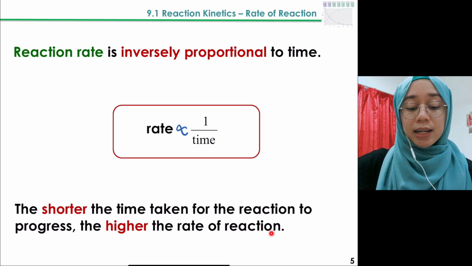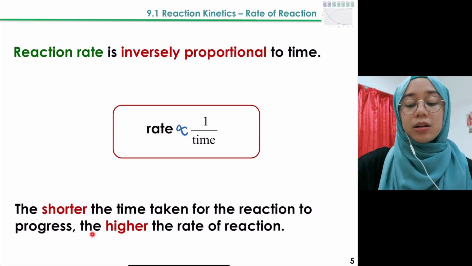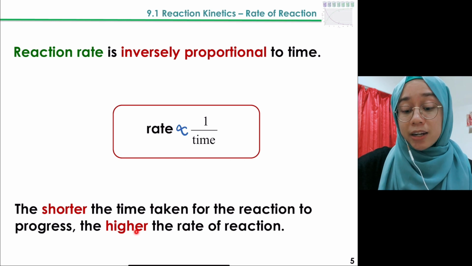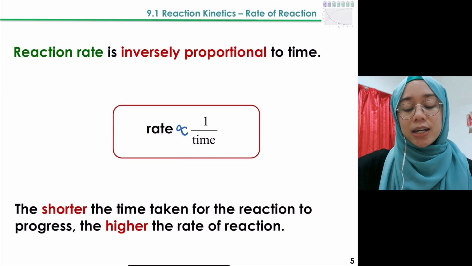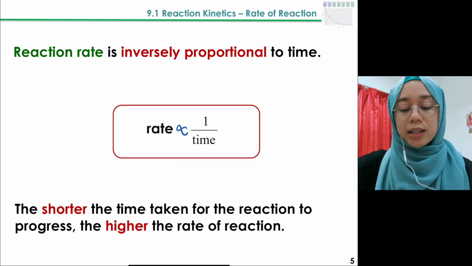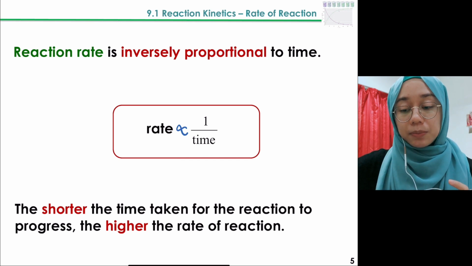Or vice versa lah, the longer the time taken for the reaction to progress, meaning the slower the rate of reaction. So higher sini bermaksud boleh jadi faster pun boleh juga. The faster the rate of reaction, sebab dia pasal rate kan, pasal kelajuan, therefore kamu boleh guna faster ataupun slower dekat situ. Okay, time pula kita guna shorter ataupun longer. So dia inversely proportional.